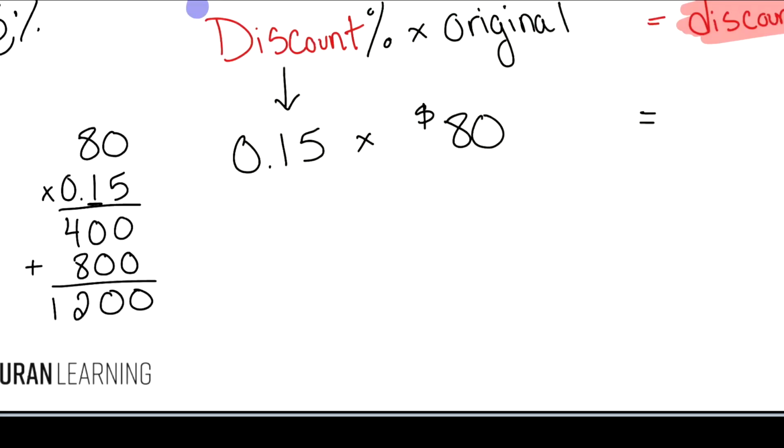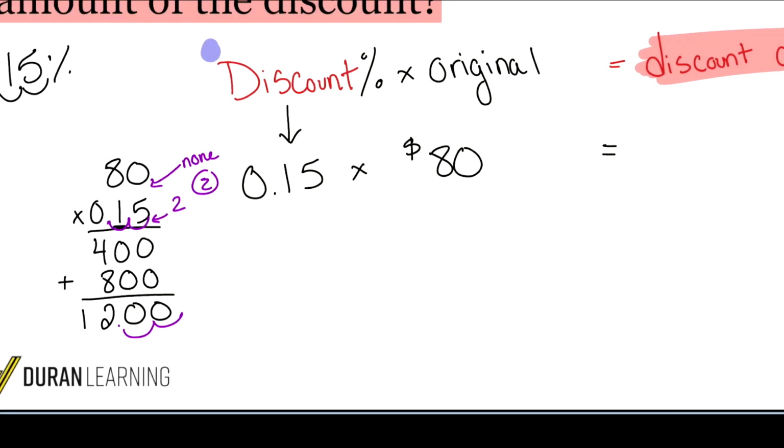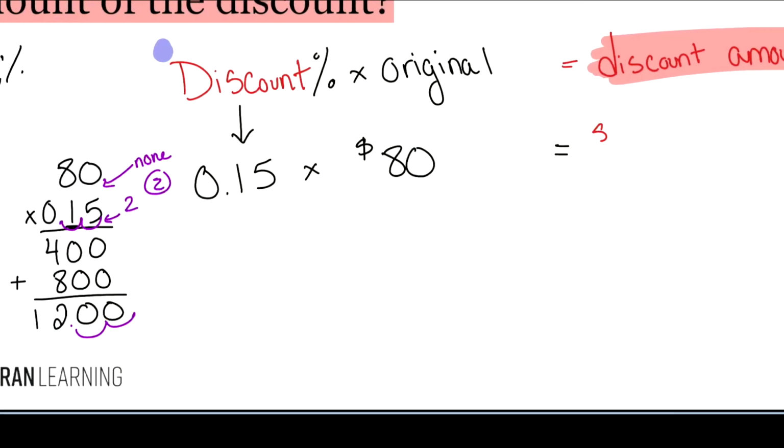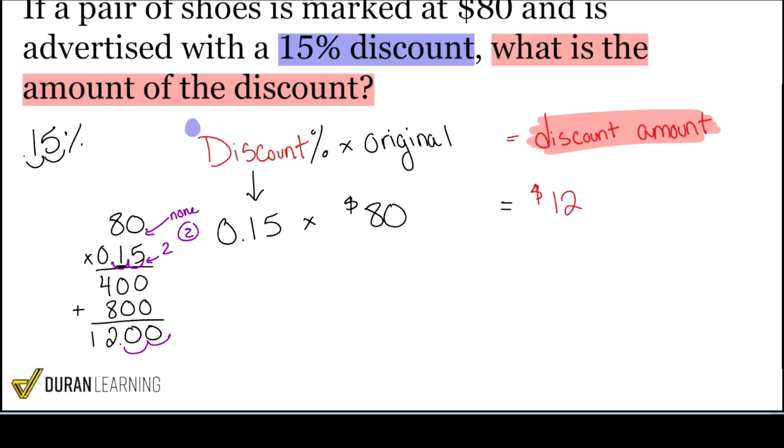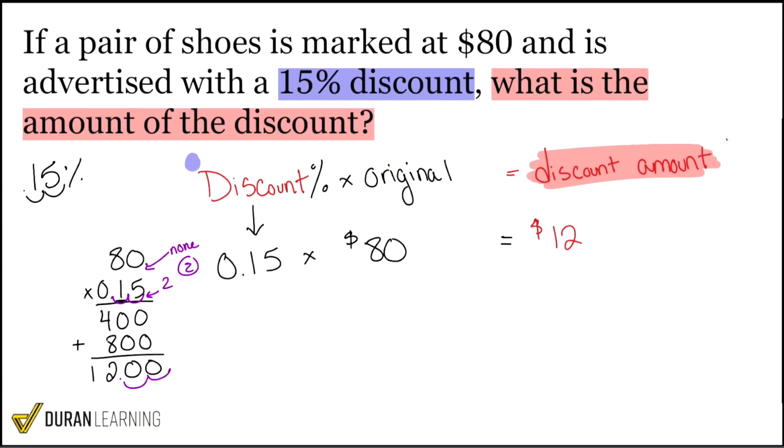When we count it out here, we have none here. But we have 1, 2 right here. So we'll bring back 2 total. 1, 2, and boom, that gives us $12. And that, my friends, is the amount of the discount.